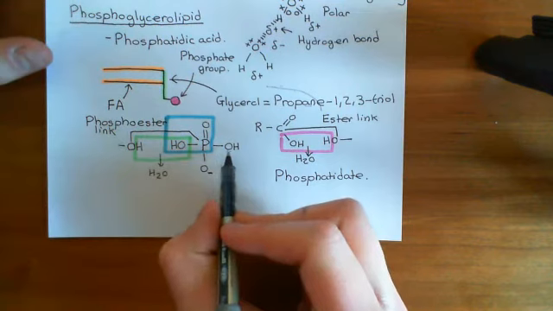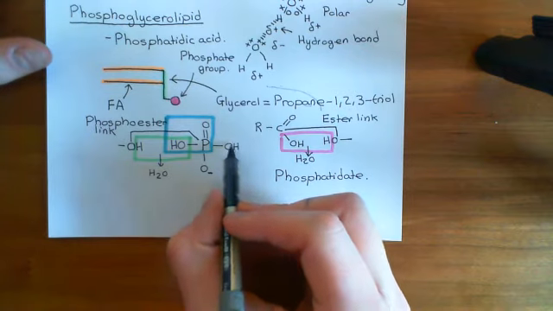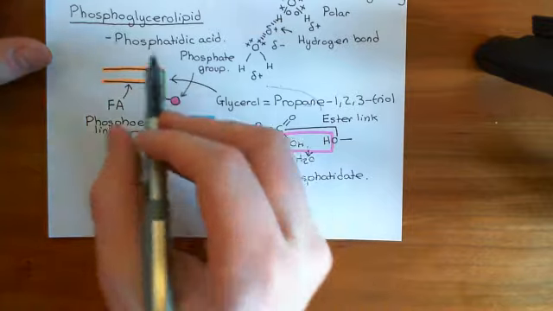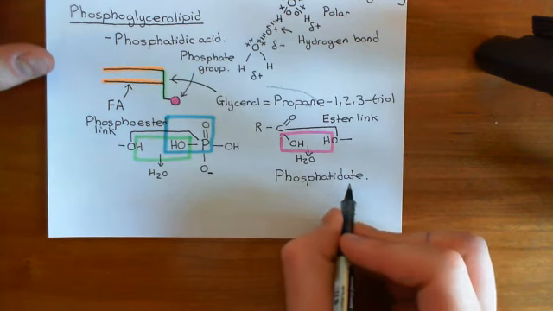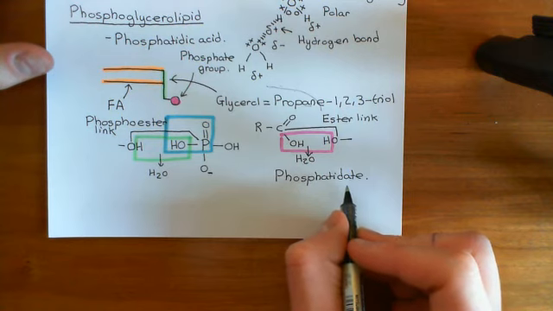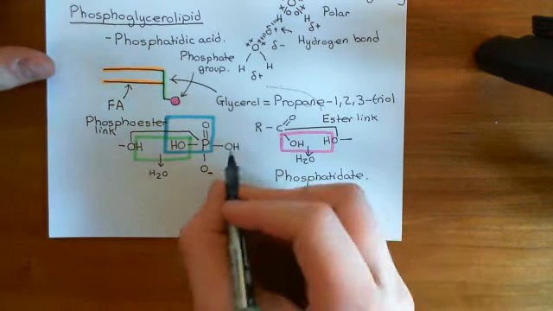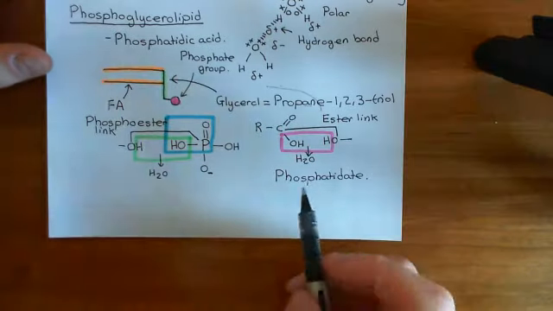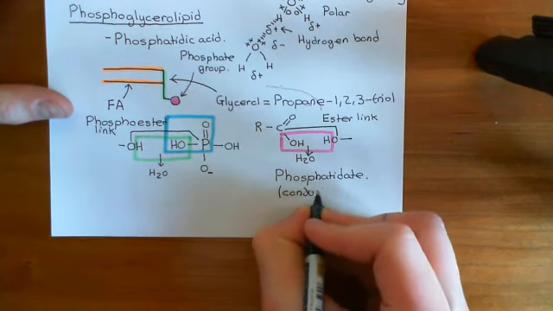The structure that you get once the phosphatidic acid molecule has donated its proton away. So imagine this proton has fallen off now, and this oxygen has a negative charge here. That structure that you end up with is known as phosphatidate. Okay? It is no longer an acid, because it has no proton which it can donate into solution. An acid is a molecule that is capable of donating a proton into solution. Once you've donated the proton away, you can't donate it away again. Okay, so phosphatidate is the conjugate base of phosphatidic acid.